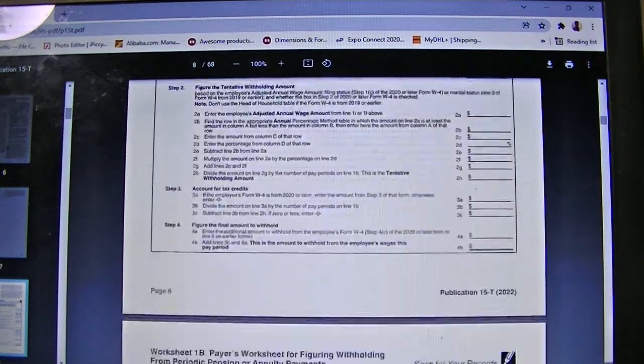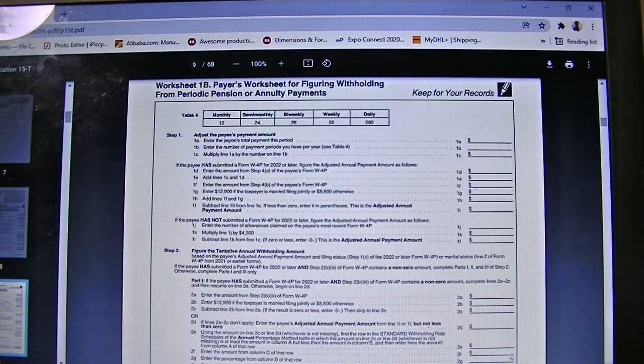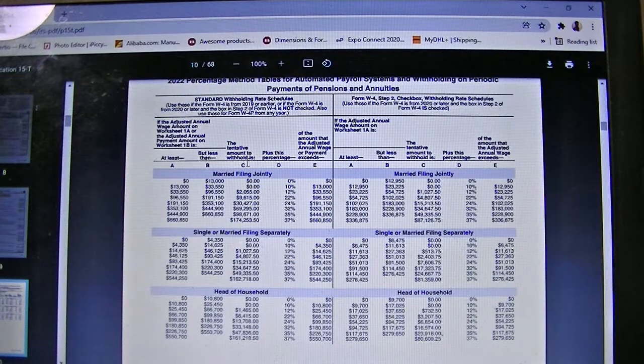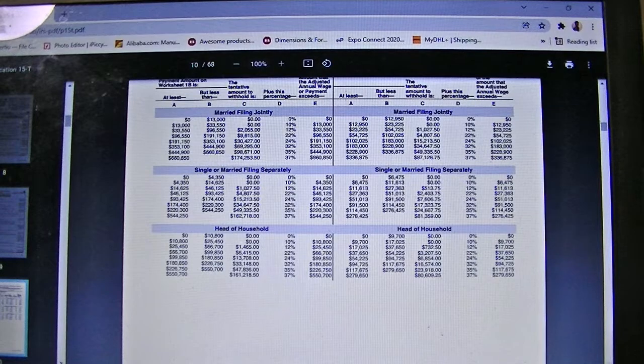You can use that, and pretty much you'll have to find the gap your salary falls between to see the first part to withhold and then calculate the percentage on the remaining. You can use this one as a guide.